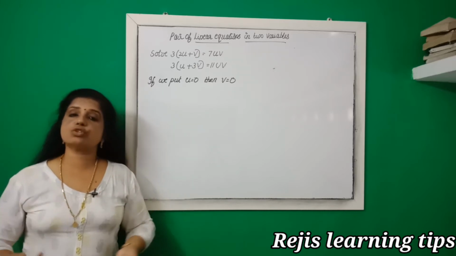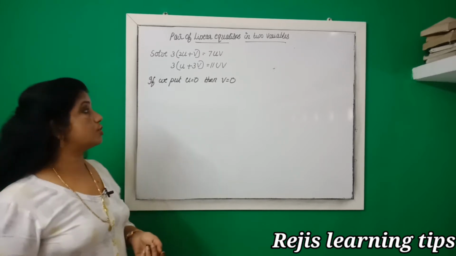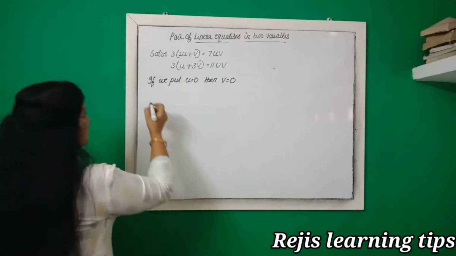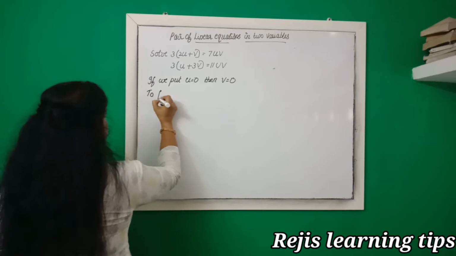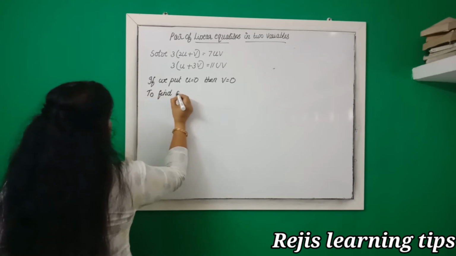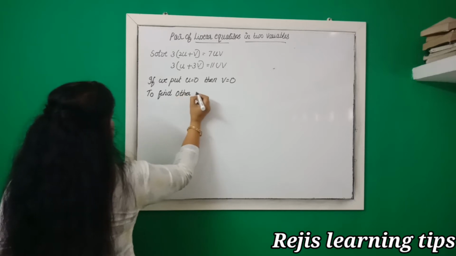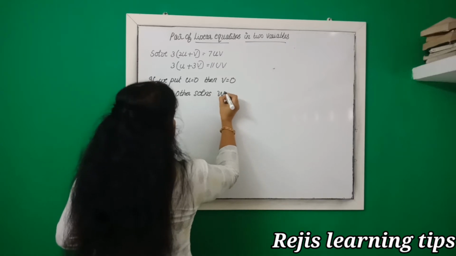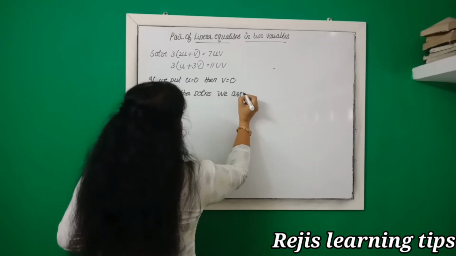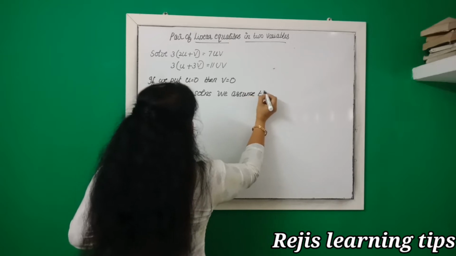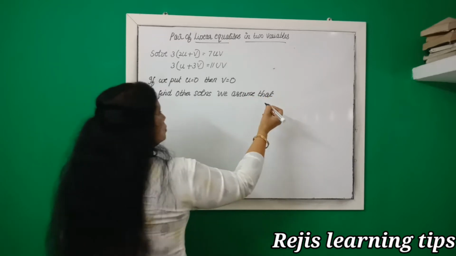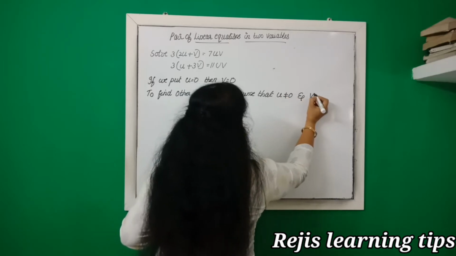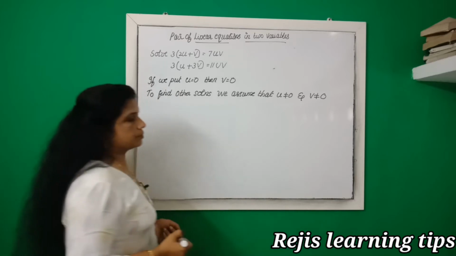To find other solutions, we assume that u is not equal to 0 and v is also not equal to 0.